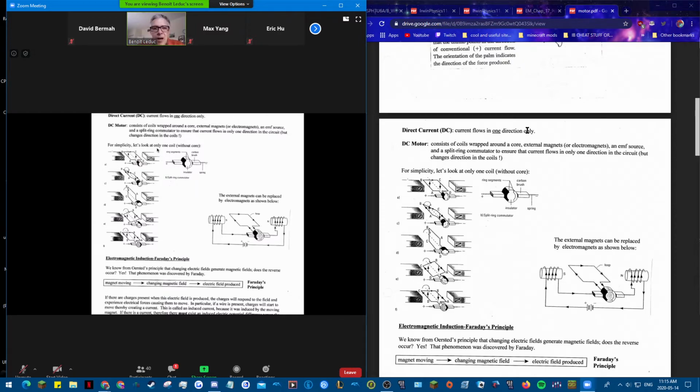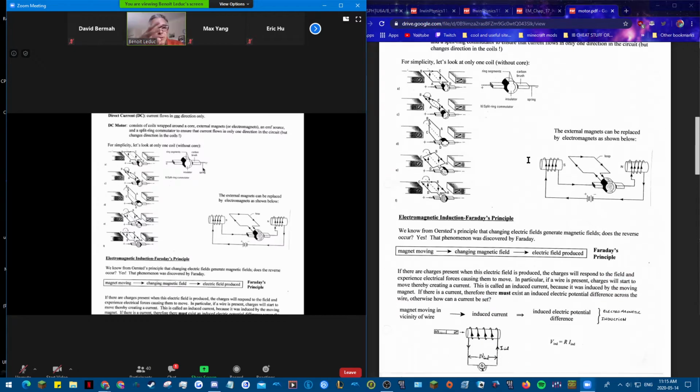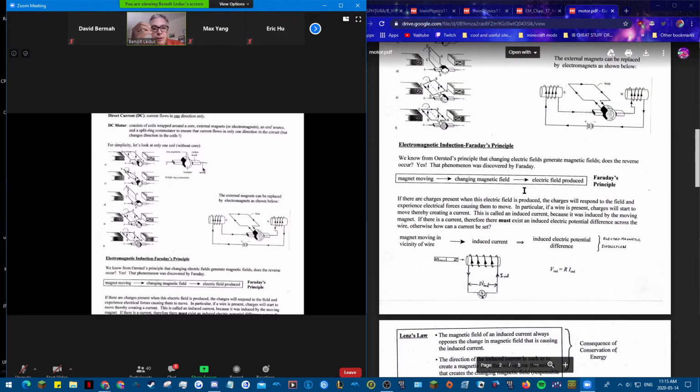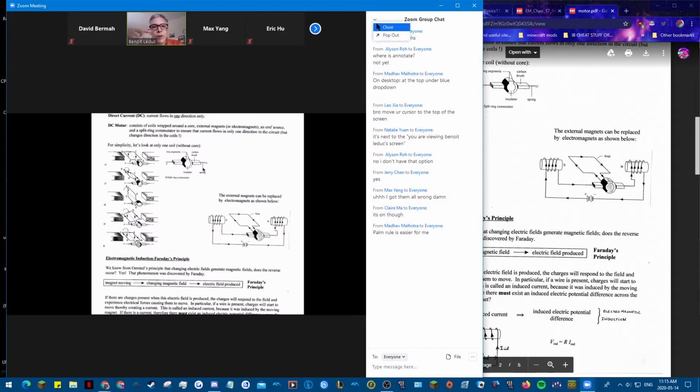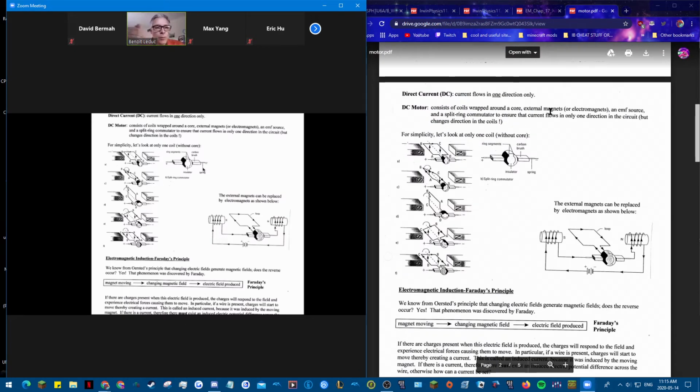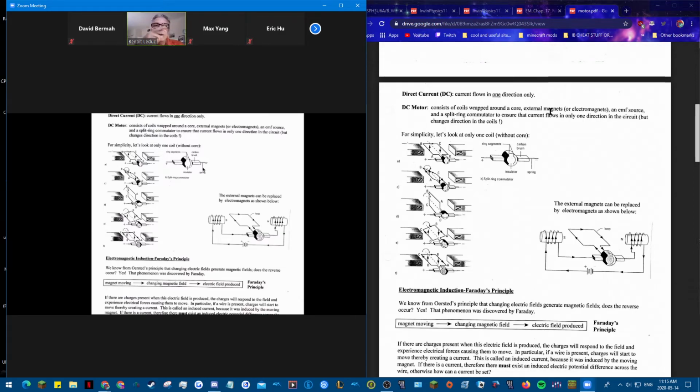Okay. Now we're going to talk about a DC motor. A DC motor means that it's direct current. You feed the motor with direct current. So direct current means the current goes in only one direction. It doesn't go back, only one direction. It doesn't mean that the value of the current stays the same, it just tells you that the current goes in the same direction.